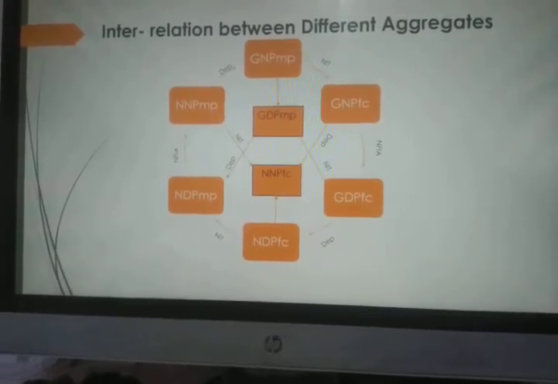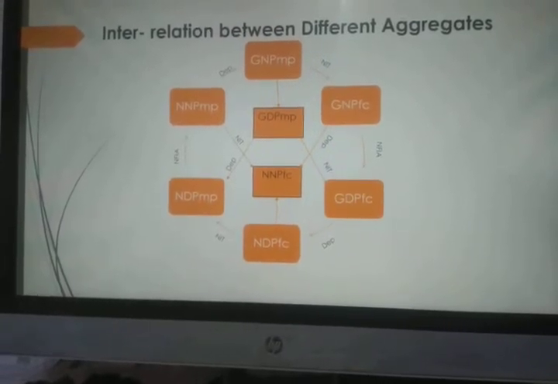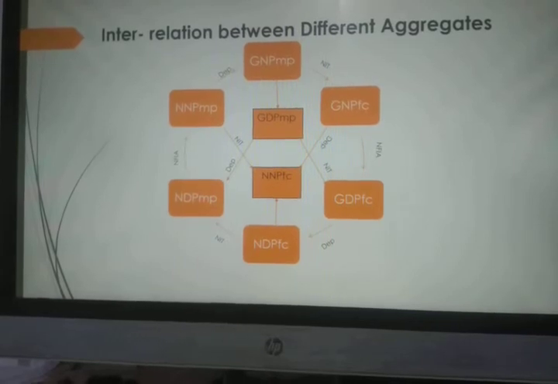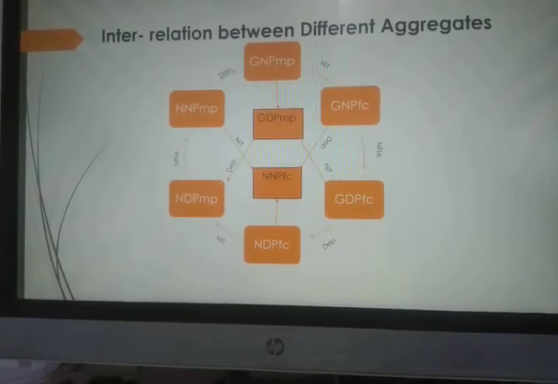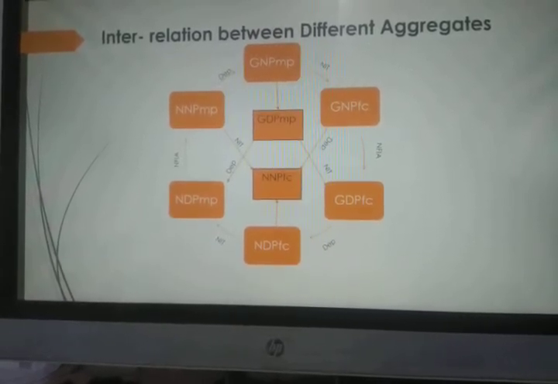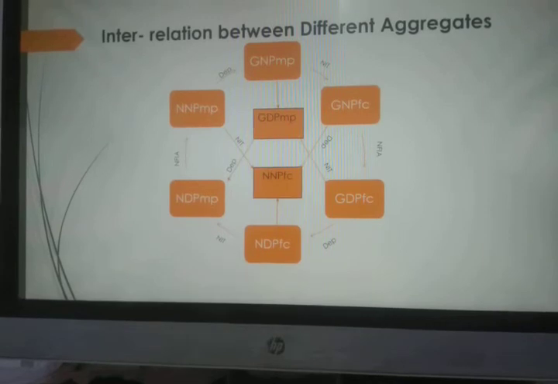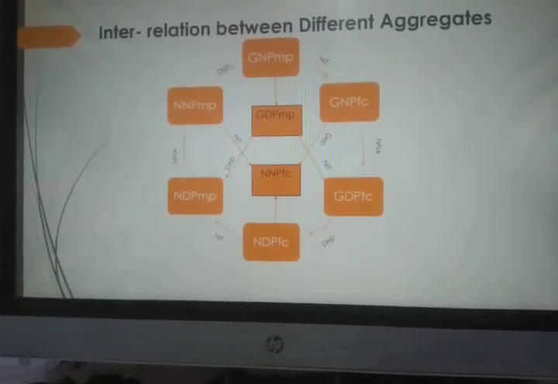From the top to the next one, that is GDP MP, the difference is of national and domestic. So what you will do, you are going to deduct NFIA because you are already at national and you have to arrive at domestic.